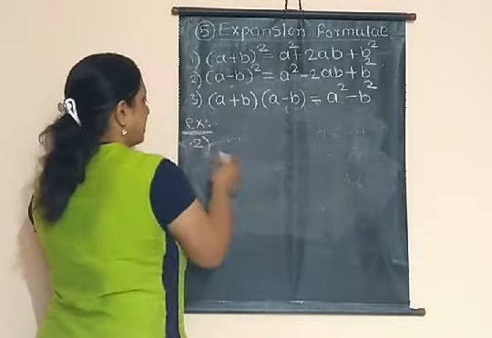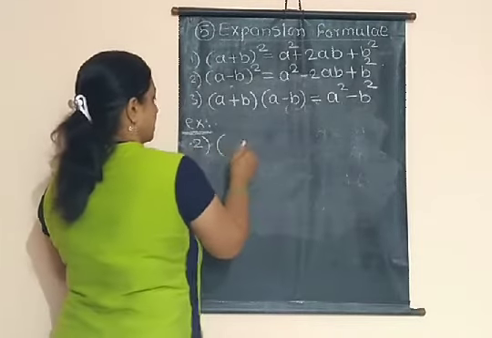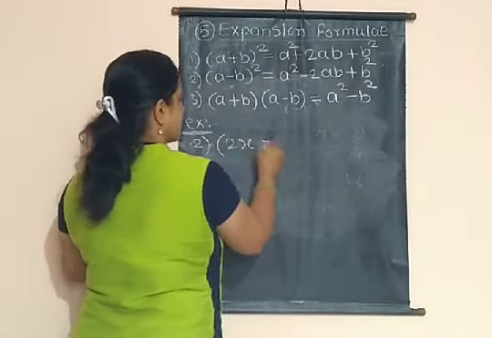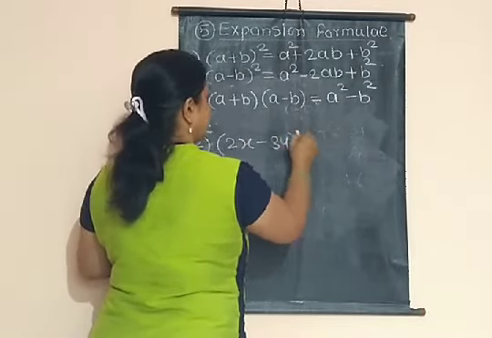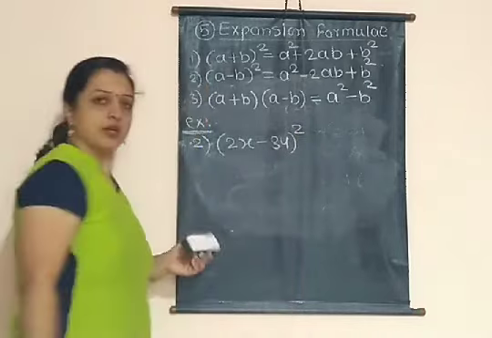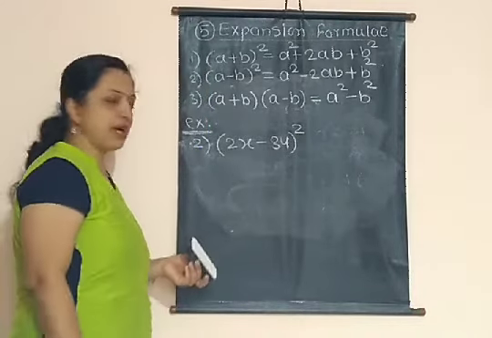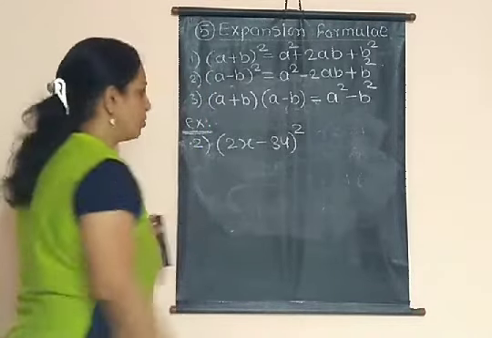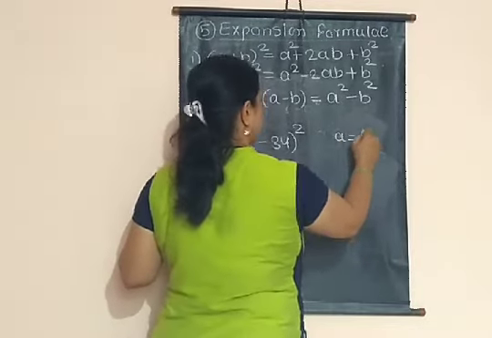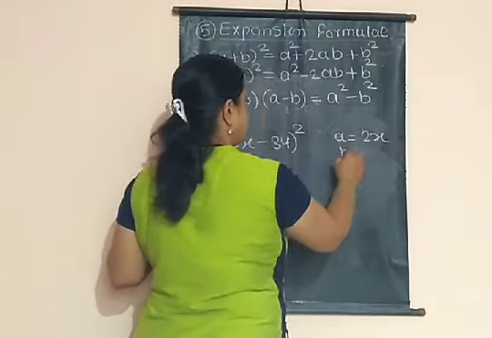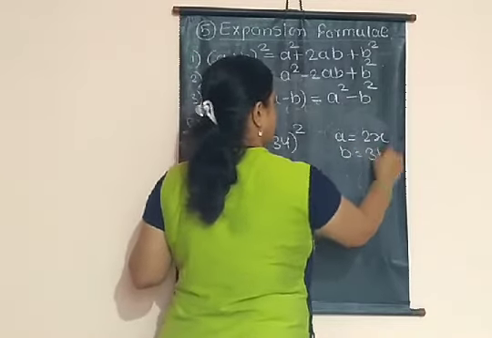So second example, consider (twice x minus 3y) bracket square. Okay, (twice x minus 3y) bracket square. Now let's see how to solve this example. What is the value of a here? That is twice x, and the b, that is 3y.